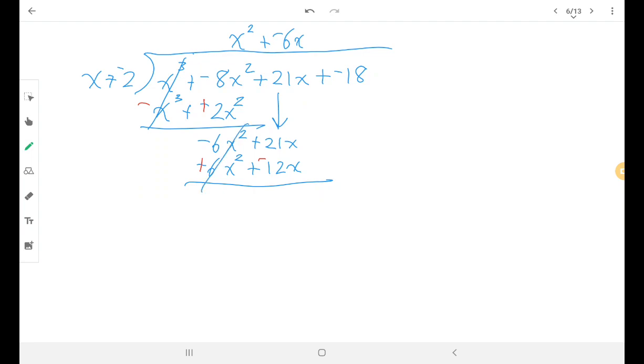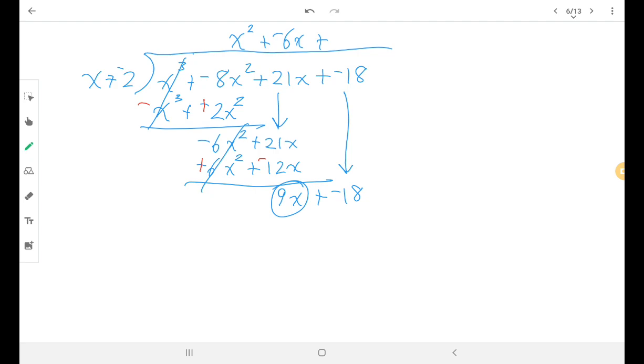These two cancel. And then 21x plus negative 12x sounds to me like 9x, positive 9x. Let's bring down the plus negative 18, put a plus up here, and start over again.